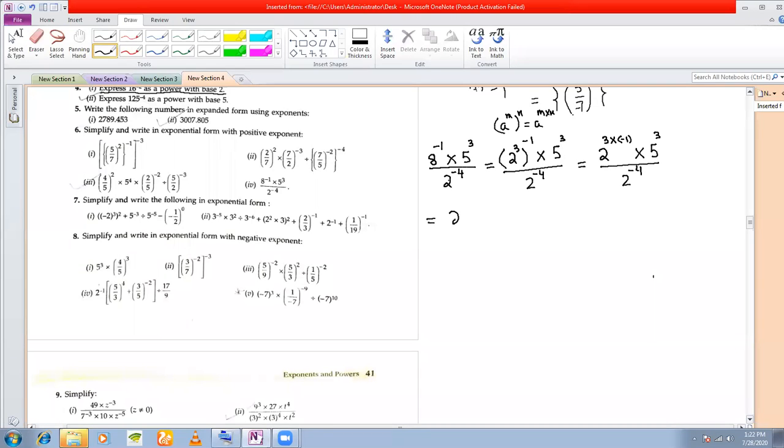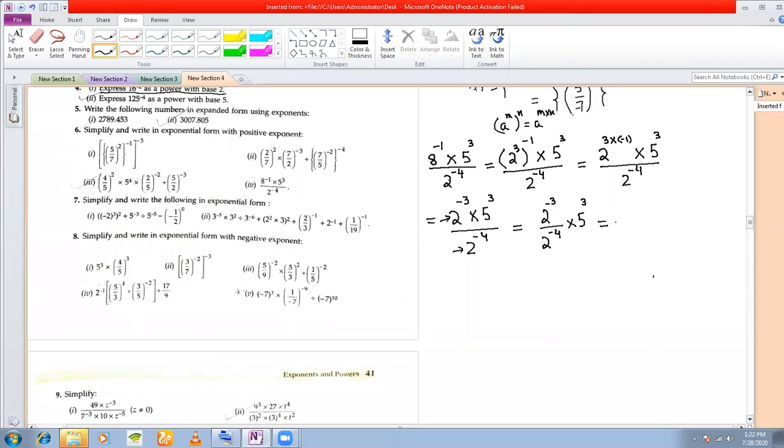So this is 2 to the power of minus 3 into 5 cube divided by 2 to the power of minus 4. Now there are two numbers which have the same base, this and this. So that means I can write this as 2 to the power of minus 3 divided by 2 to the power of minus 4 into 5 cube.